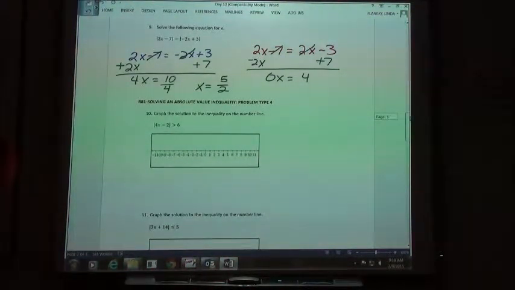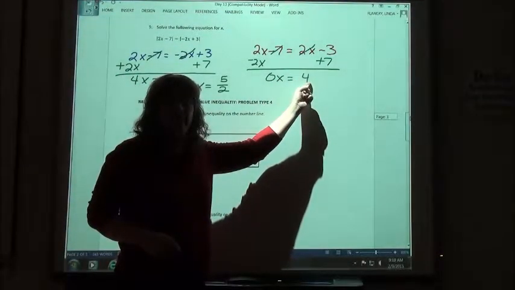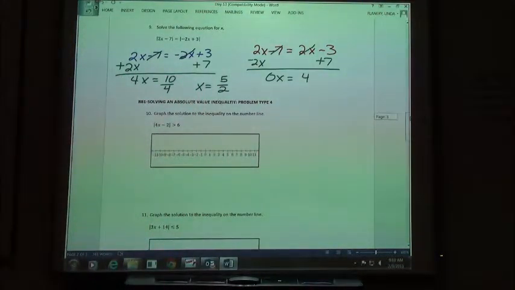Remember we had those ones where we had 3 different possible answers? A no solution, all real numbers are solutions, or you put the number answer in? 0 times what number gives me 4? Nothing, because I can't take 0 times anything and get a number other than 0, right?